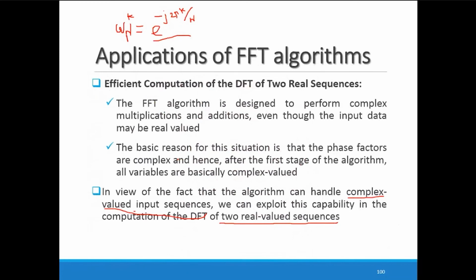If real sequences are given, how can you apply the algorithm and find the DFT of real sequences? At present we are not talking about saving computation. We are only interested in saying that whatever complex valued equation we have, that same equation can be applied for the computation of two real sequences.